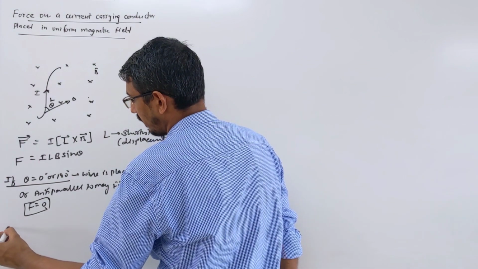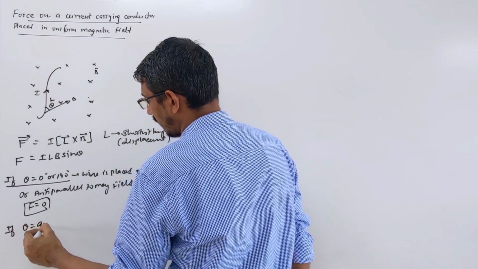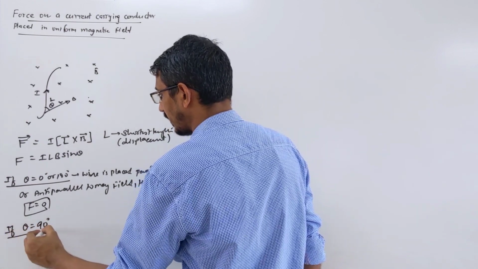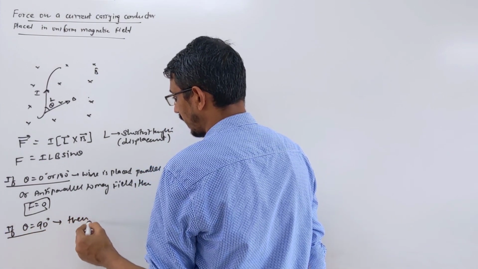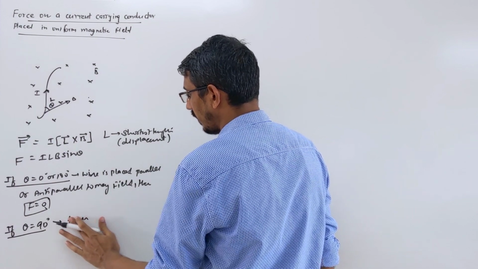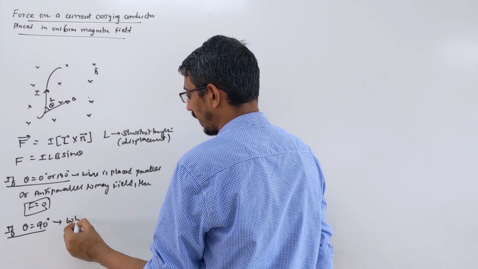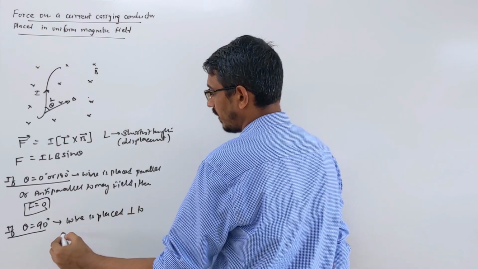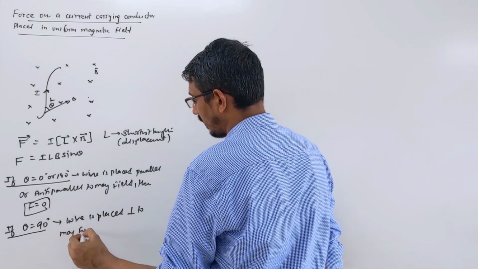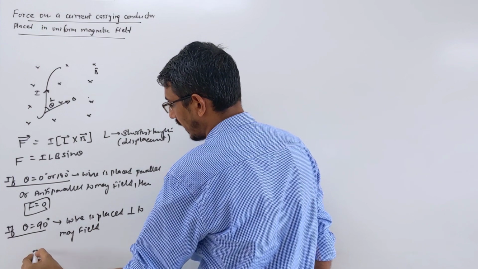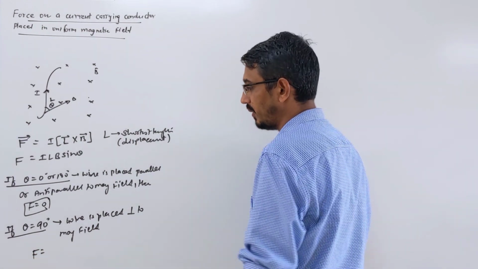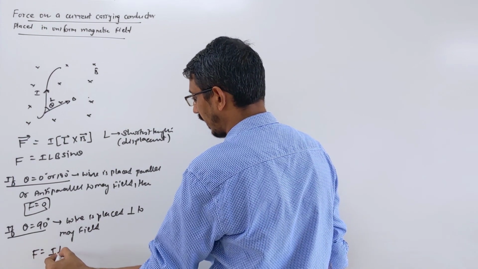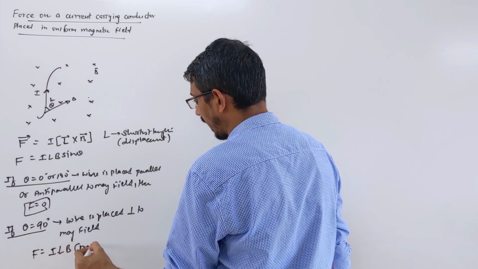Or if theta is equal to 90 degrees, correct? Then the wire is placed perpendicular to your magnetic field. In this case your wire will experience the maximum force, I L B, that will be your maximum force.